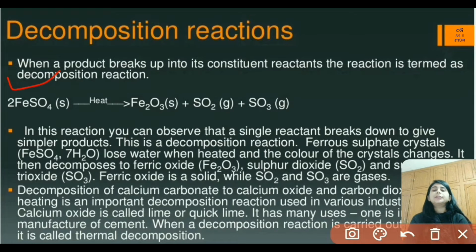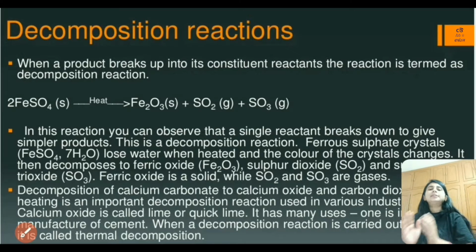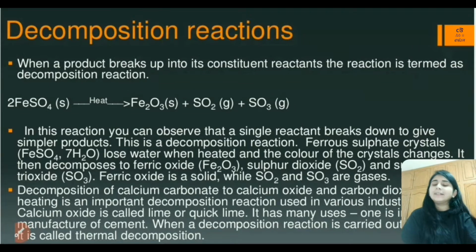Now students, the important thing that you have to note down is whenever we are using heat in order to break down or decompose any compound, these reactions are going to be called thermal decomposition, because thermal is another term which is used for heat, and decomposition again means breaking down.